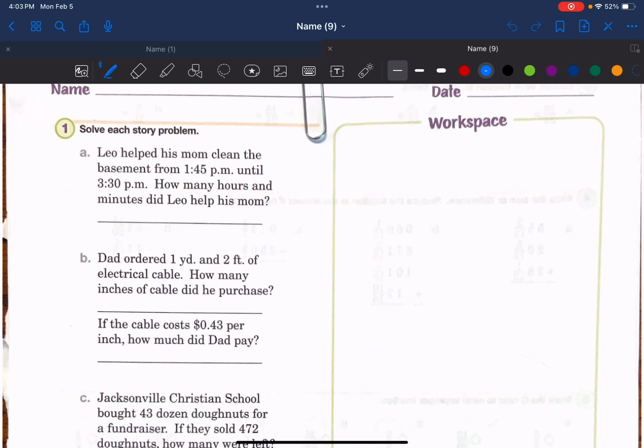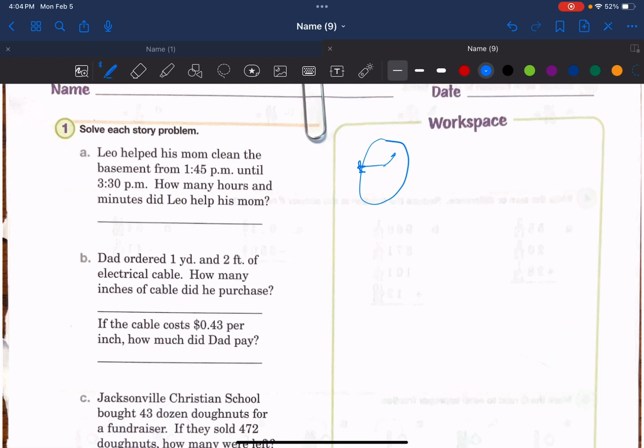A. Leo helped his mom clean the basement from 1:45 p.m. until 3:30 p.m. How many hours and minutes did Leo help his mom? So what I would suggest that you do is think about setting a clock. 1:45, that's at the 9, and then starting with the hours.